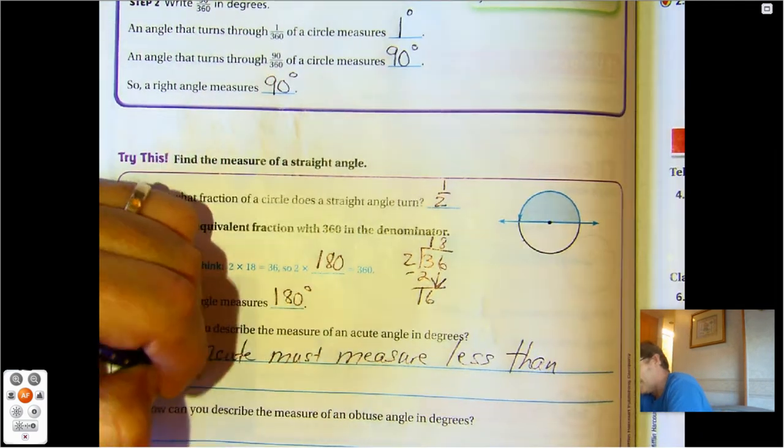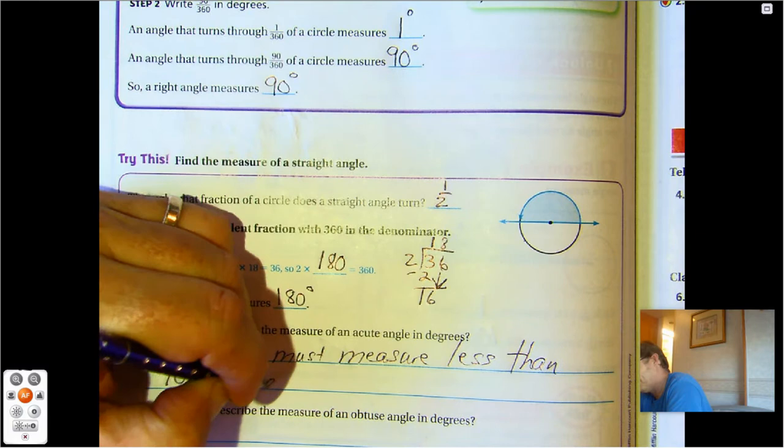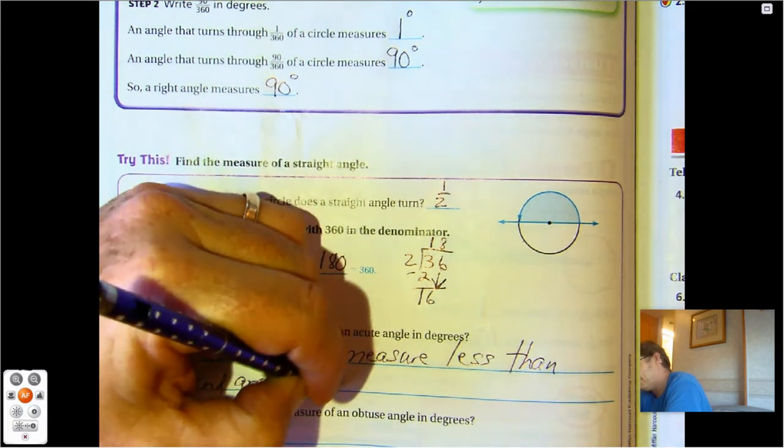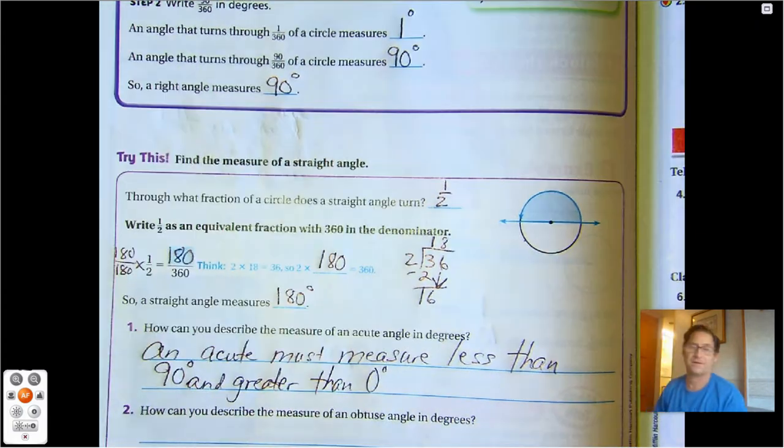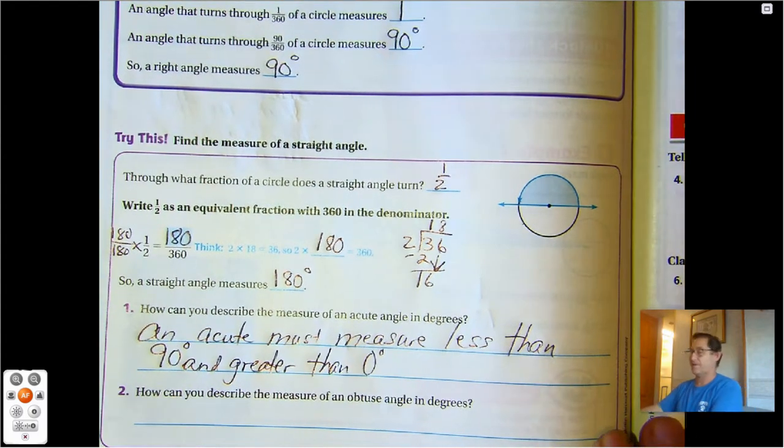I guess we'd also have to say and greater than 0. And greater than 0. All right.